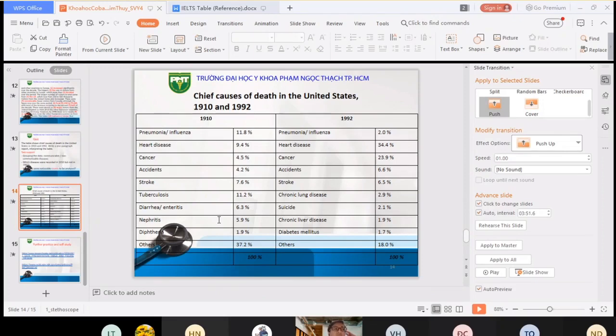You say the figure went up, and by how many times. You can even use adverbs like significantly to show the decrease or increase. And you can even use fractions. Last week I taught you how to use fractions. So now let's care about introduction and overview first, and we will go into details later. Don't worry.